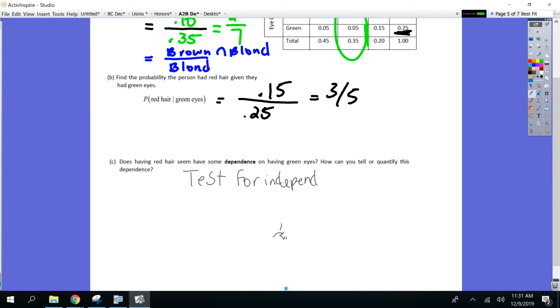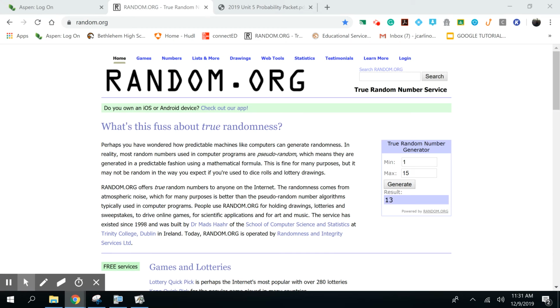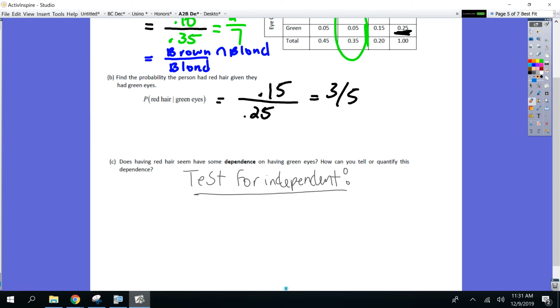And that's what I gave you at the beginning of class today. First, I need to ask somebody, what are the two events we are testing right now to see if they're related or not? What are the two events I need to test? Okay, so ready? Probability of red hair, and what's the other one?